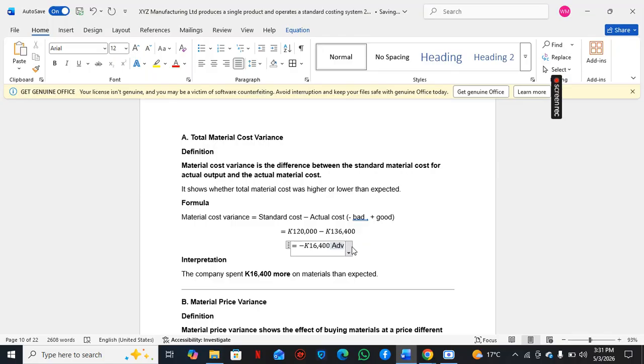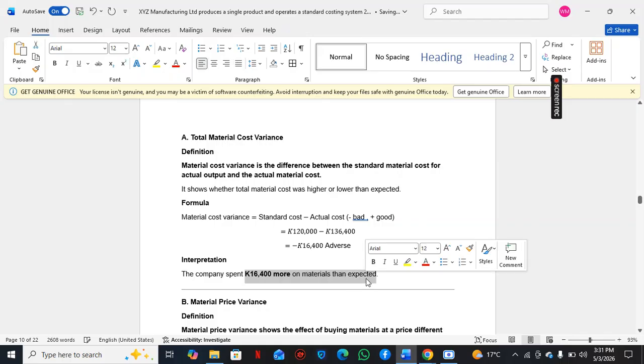So this is adverse, meaning the company spent 16,400 kwacha more on materials than expected or budgeted.